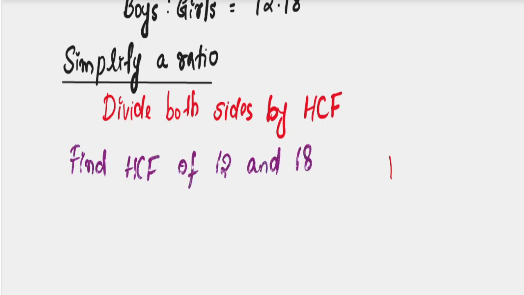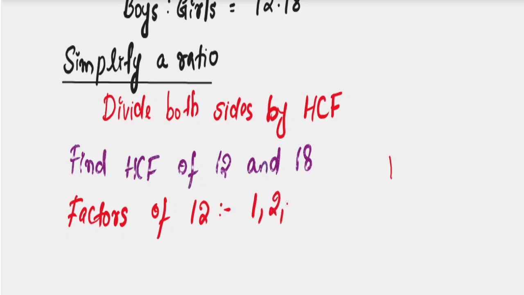For this, first we'll write the factors of 12. Factors of 12 are 1, 2, 3, 4, 6 and 12. Now what are the factors of 18?